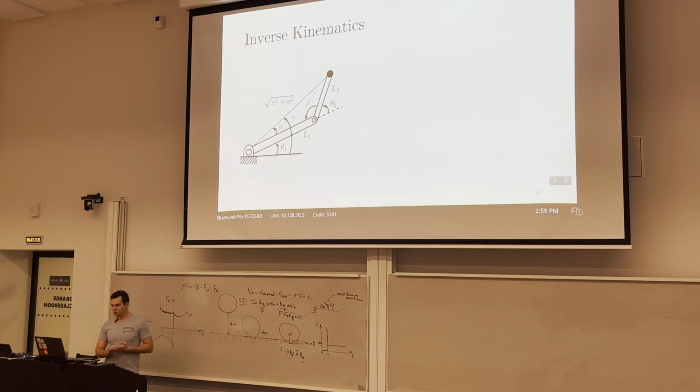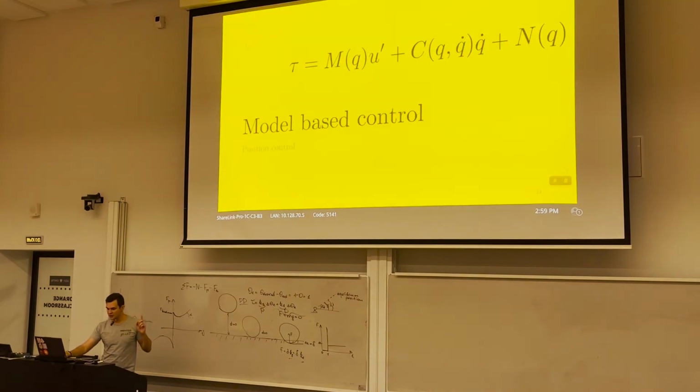What you can do to make your controller better is to consider model-based control. We can derive an equation of motion, and in this case, if your link mass changes, you do not need to tune your coefficients of the controller, you just need to tune your model, and that's it. It will be just more convenient.